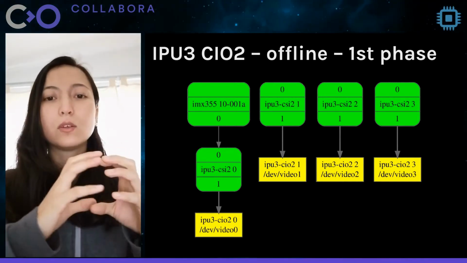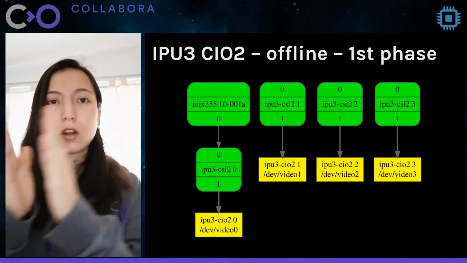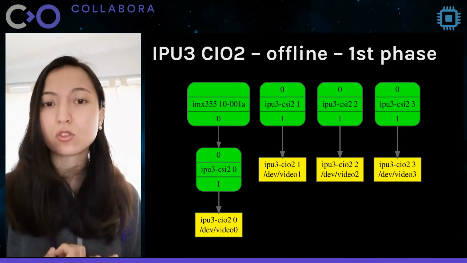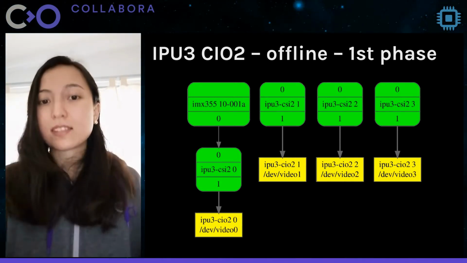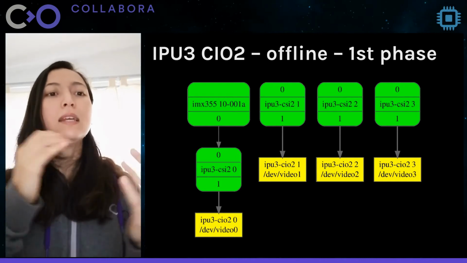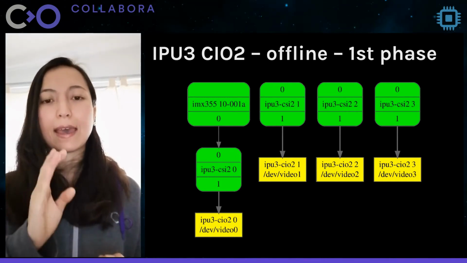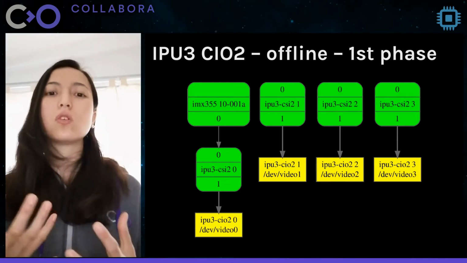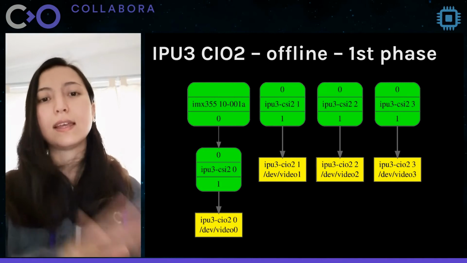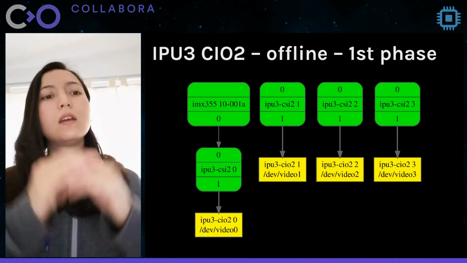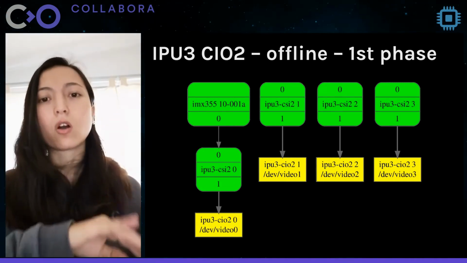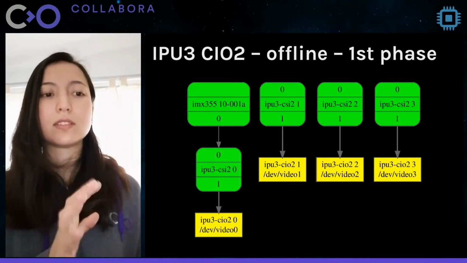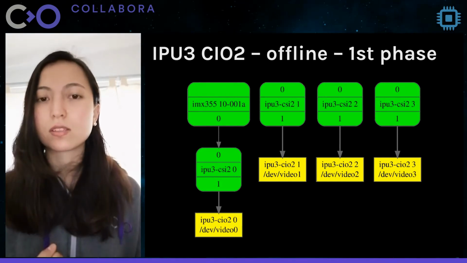It means that we have 4 buses, and we can retrieve images from 4 sensors at the same time. In this case, we only have a single sensor, the IMX355, that is connected to the first block, and the other ones are not connected. And the yellow blocks are where the user space is going to interact. So in this case, /dev/video0 to retrieve images from the kernel.